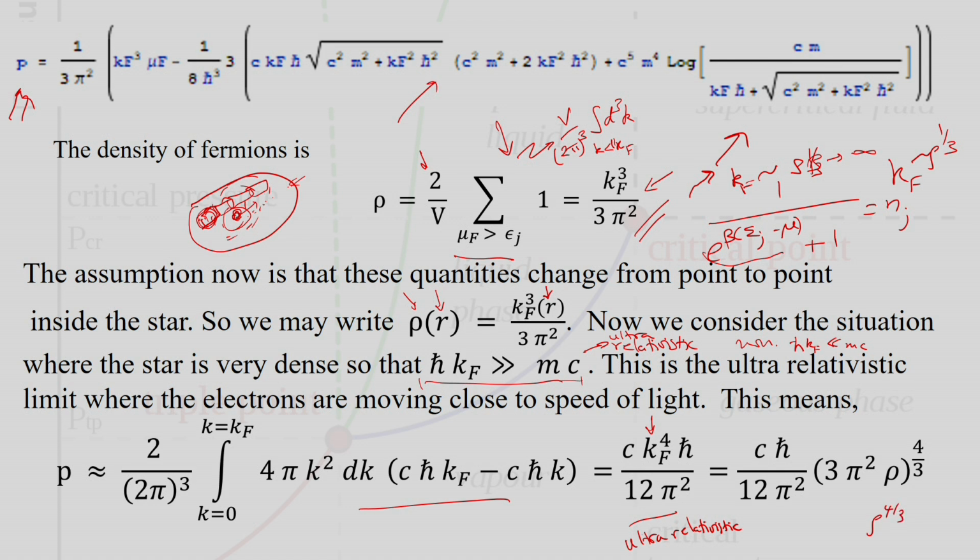This is an example of what is known as a polytrope. The pressure that is exerted by a degenerate Fermi gas, or in general any type of gas, if you express it in terms of the density, that equation is referred to as a polytrope, specifically if it is a power law.